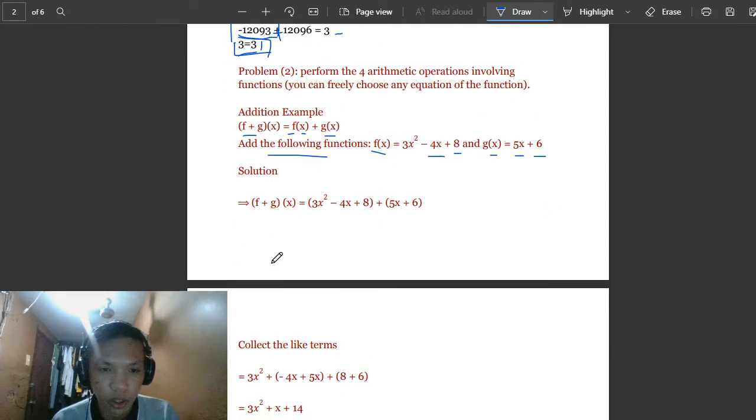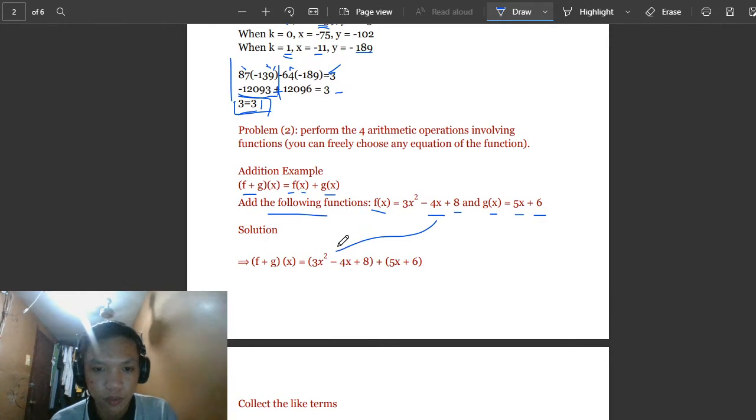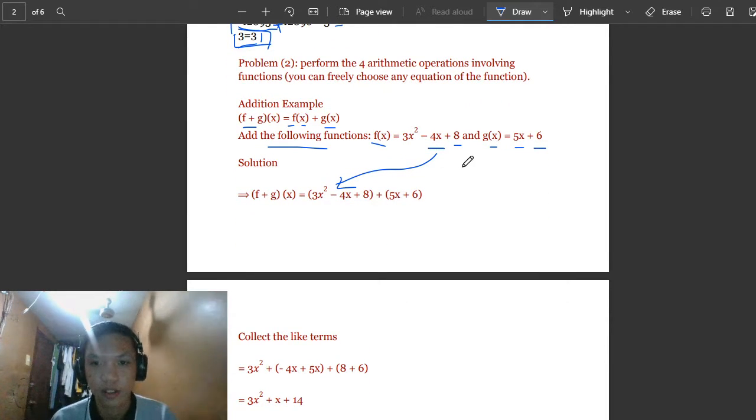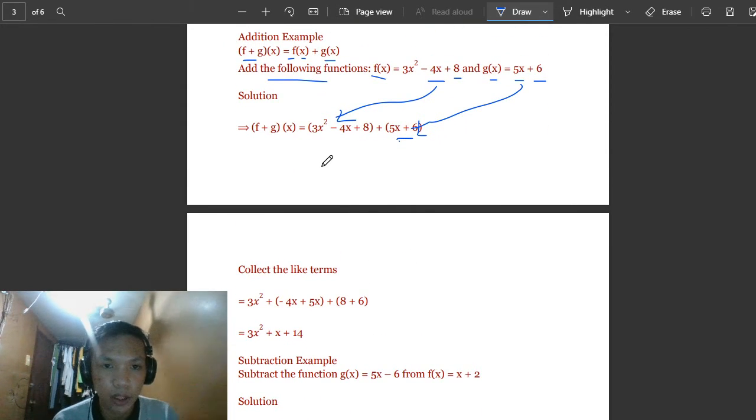So, solution. The quantity of f plus g of x is equal to 3x squared minus 4x plus 8, plus the quantity of g of x, 5x plus 6. So, collect the like terms. Wala may x cubed, kay quadratic mo na itong gamit.